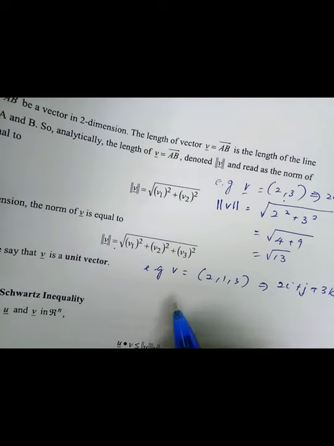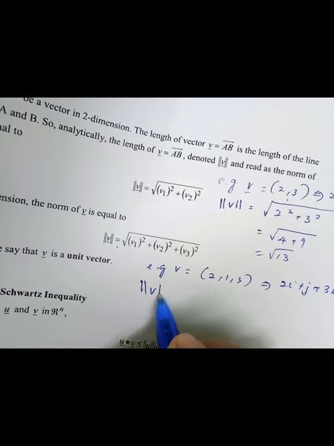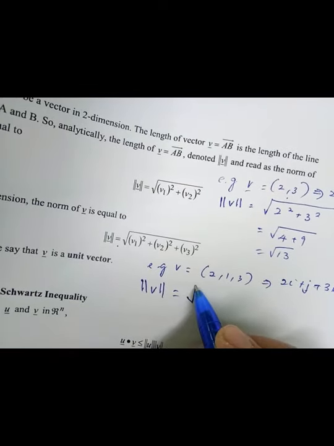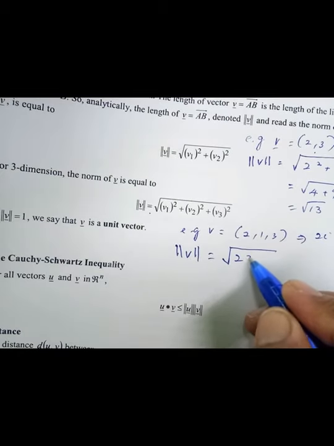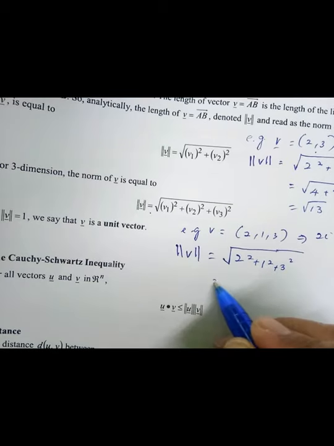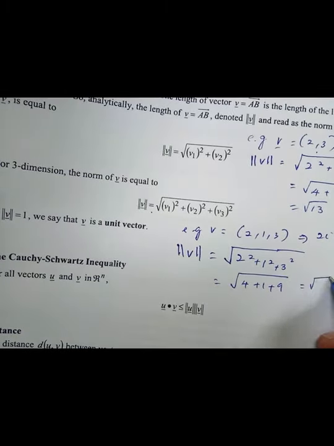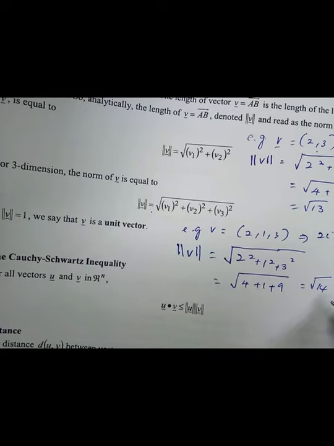Okay, so by using the formula of length, the length of v is given by root of 2 squared plus 1 squared plus 3 squared. So the answer is root of 4 plus 1 plus 9, which is root 14. Okay, so this is the length of a vector.